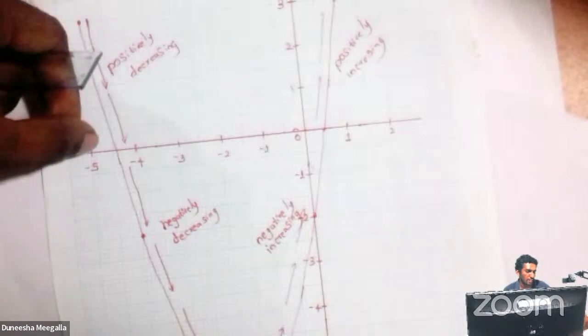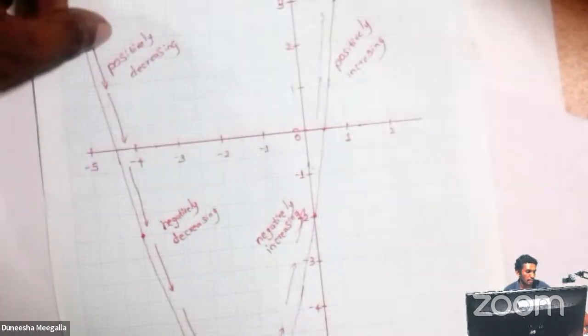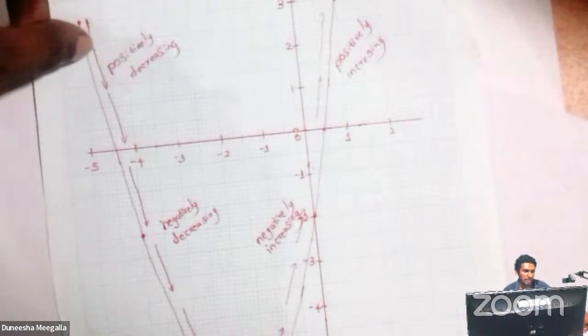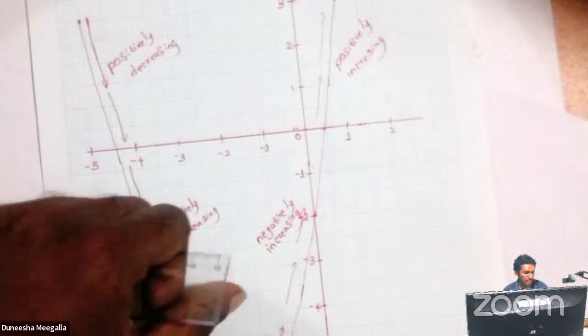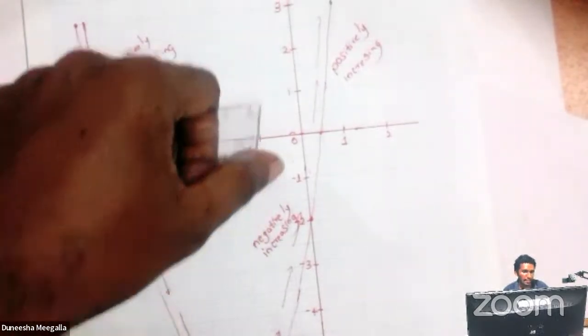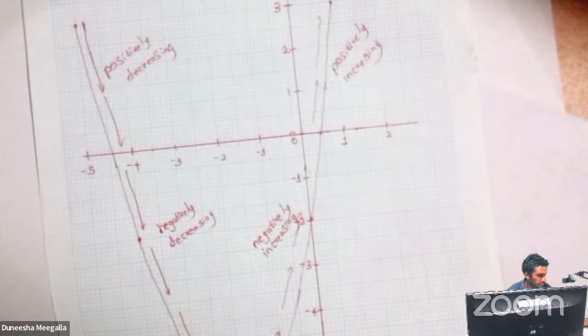First, as x increases, y positively decreases, then negatively decreases, then negatively increases, and after that positively increases. Satish, can you understand it? Yes, sir. Okay. Sehansa, can you understand it?